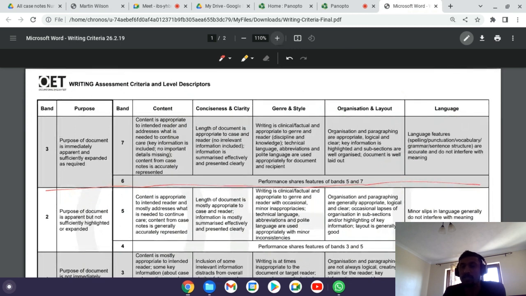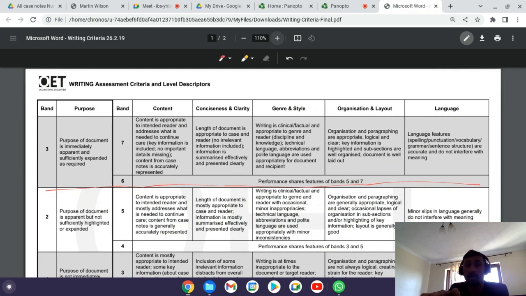We already said that the letter should have an introduction first. That introduction should contain the diagnosis or present condition of the patient and the exact purpose of the letter, what the receiver has to do for this patient. That's why the purpose of the document is immediately apparent.